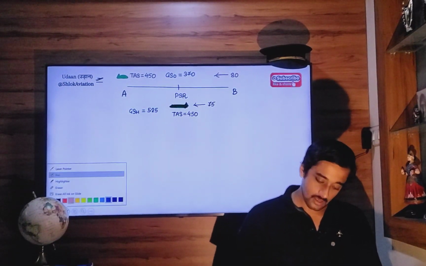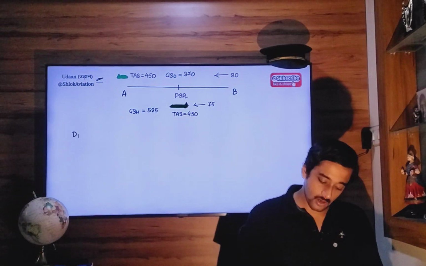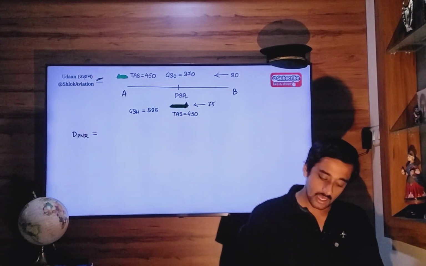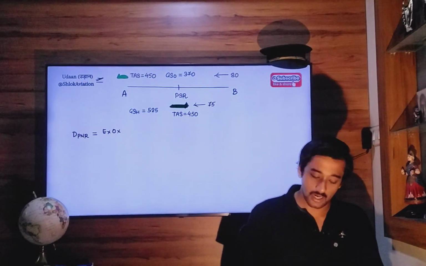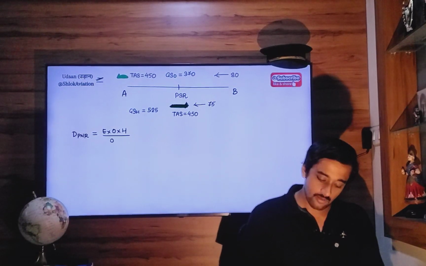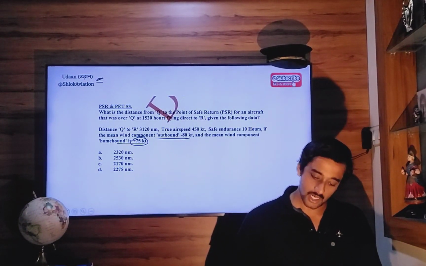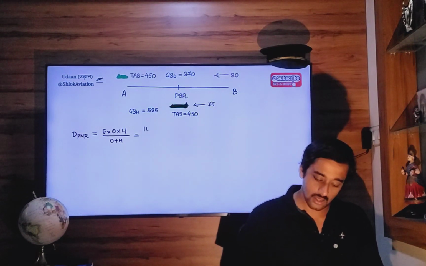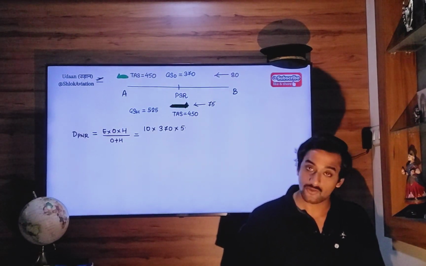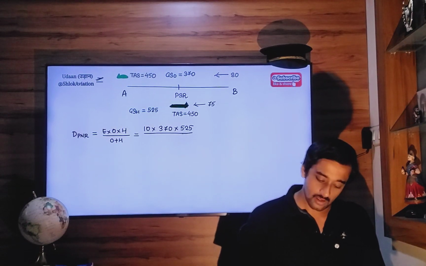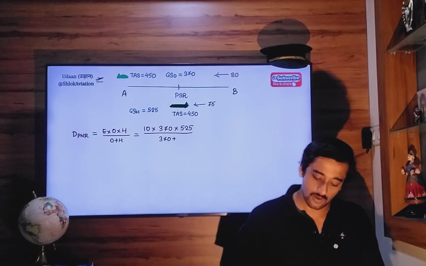So distance to point of no return equals endurance into outbound speed into homebound speed divided by outbound plus homebound. What is endurance here? It is 10 hours. Outbound speed is 370. Homebound speed is 525 divided by 370 plus 525.